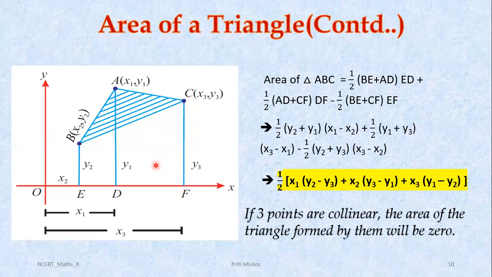When there is no triangle, then how can we calculate the area of that triangle? It means the area will always be 0. So this is the condition of collinearity, where after knowing the coordinates of all the vertices, you can put this area equal to 0 and you can have many different relations there.